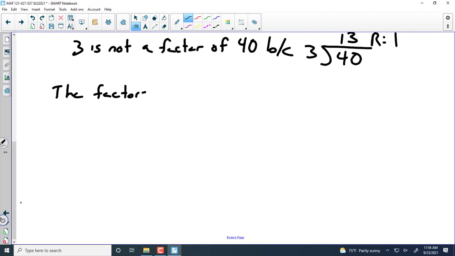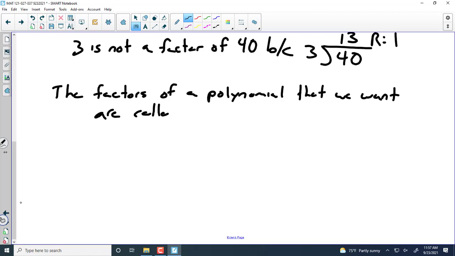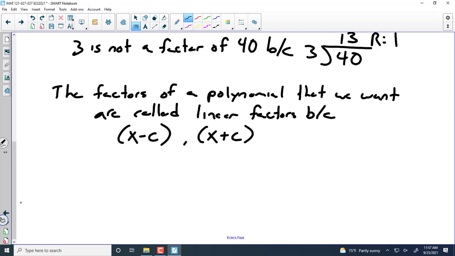The factors of a polynomial that we want are called linear factors because x minus c, x plus c, and x are all first degree. In other words, if you said y equals any one of those, they'd all be lines. So our polynomials are going to have factors called linear factors.